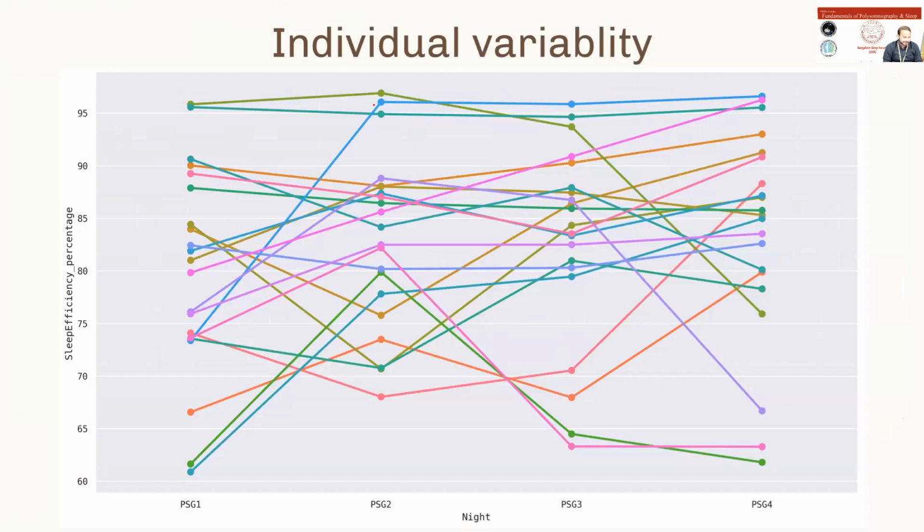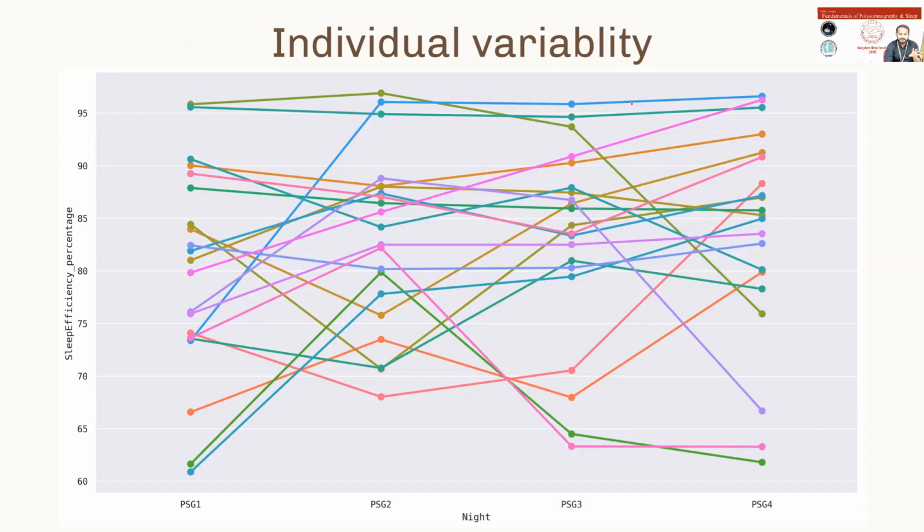And the second aspect is the individual variability in sleep. We are studying sleep in a lab setup, and even though we keep one night as an accommodation night, where we make sure that the subject is really comfortable with the environment. In one of our previous studies, we were lucky enough to study the same subject across 4 nights.